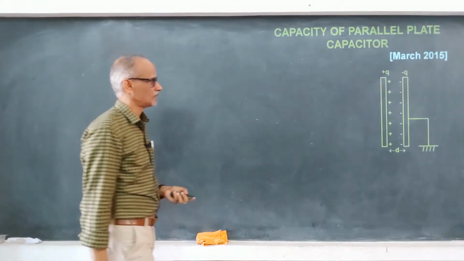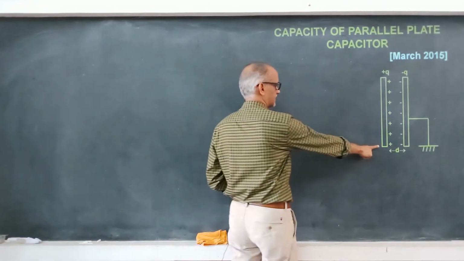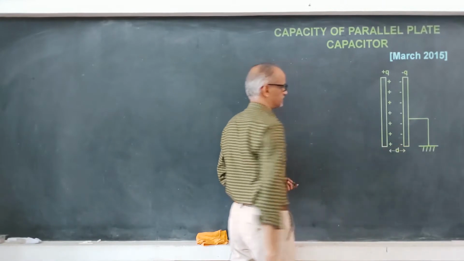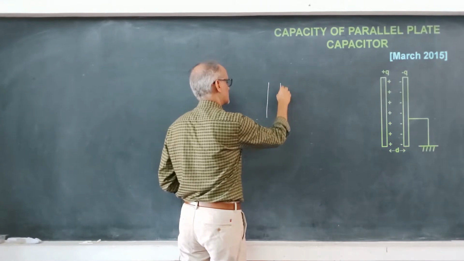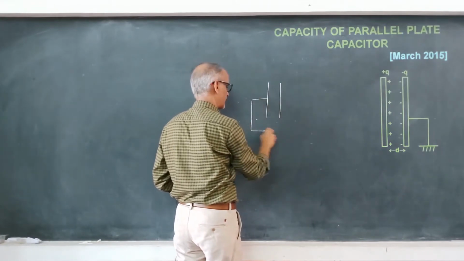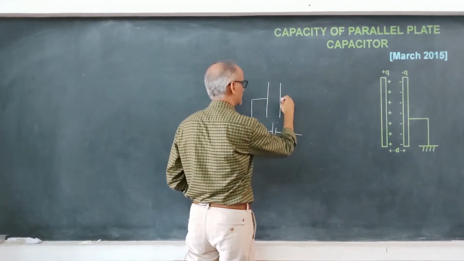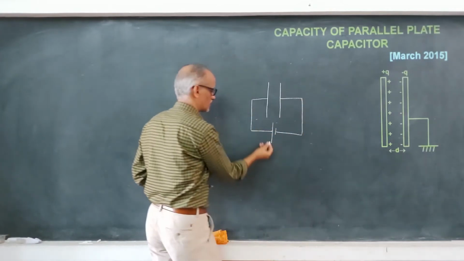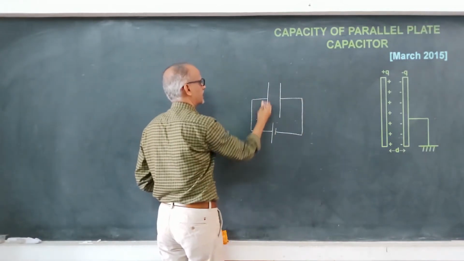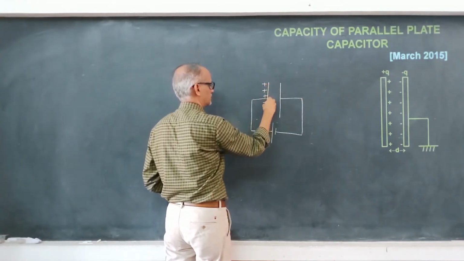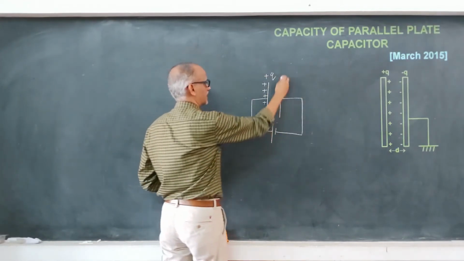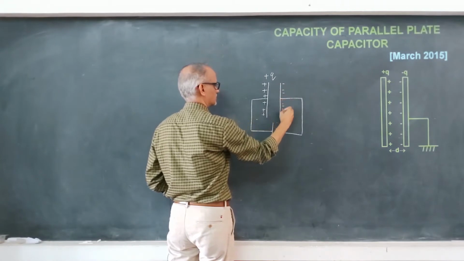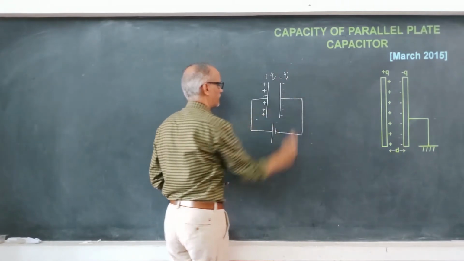This is the first plate, this is the second plate, and these plates are connected to a battery so that we can charge them. Once you connect, this will attain a positive charge, which is given as plus Q, and this will attain a negative charge, which will be minus Q.